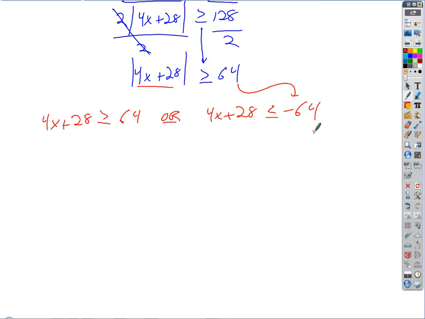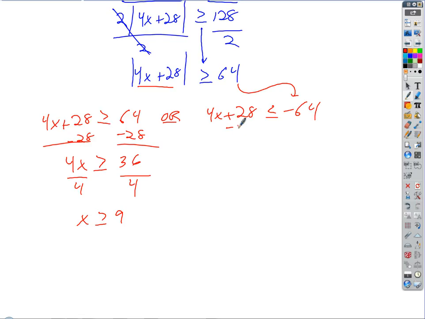Got to solve both. Subtract 28 from both sides. So 4x is greater than or equal to 36. Divide by 4, and x is greater than or equal to 9.